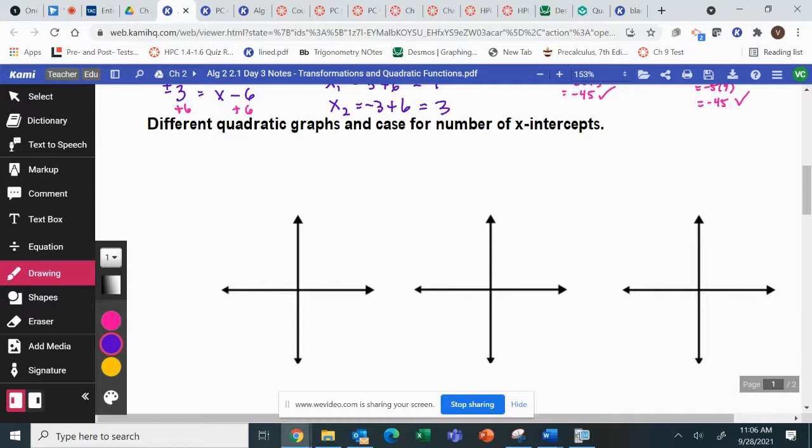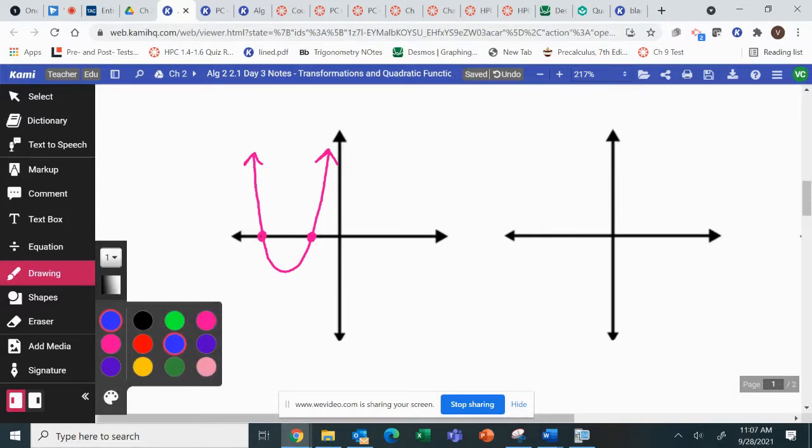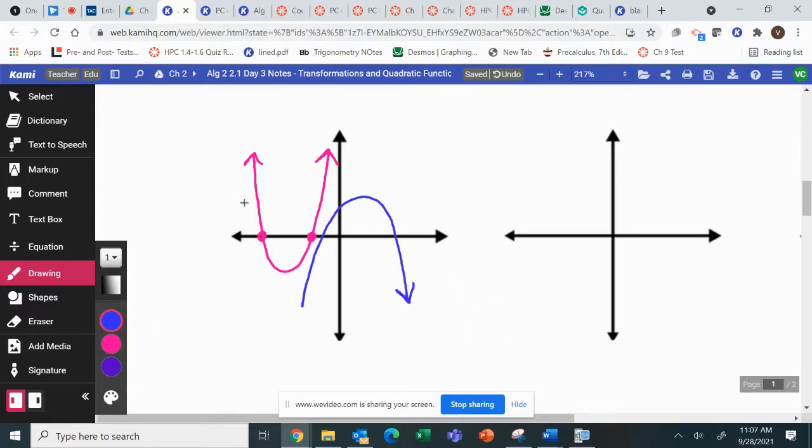My first case: if I have a quadratic graph that looks like this, how many x-intercepts will I have? I will have 2 x-intercepts. One could be here, one could be here. I will give you a different graph on the same one that also has 2 x-intercepts.